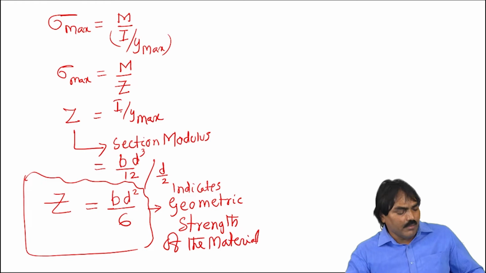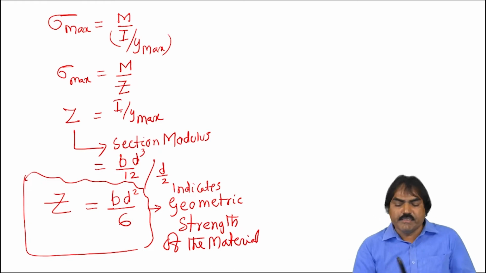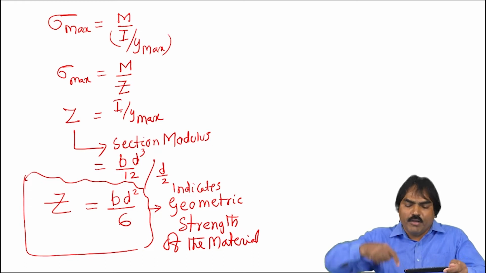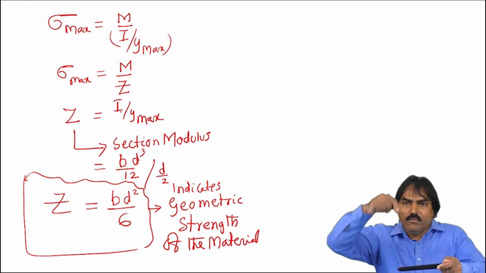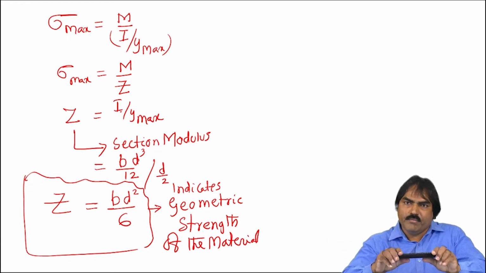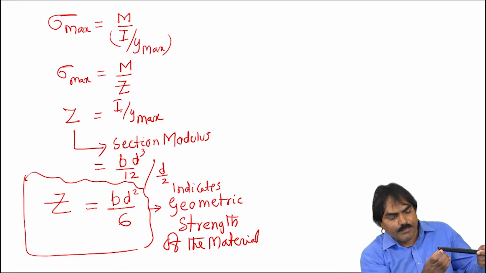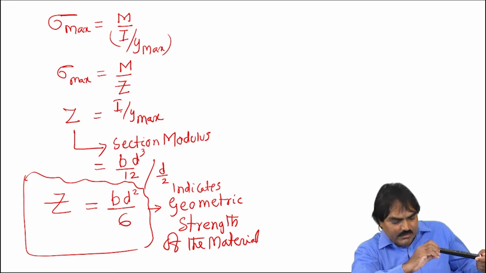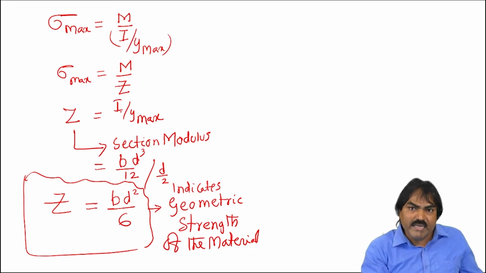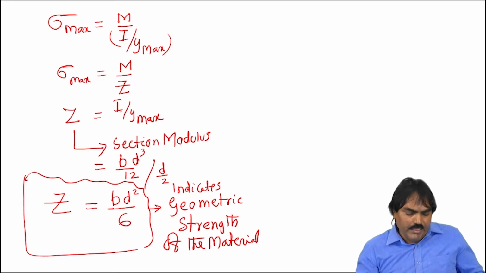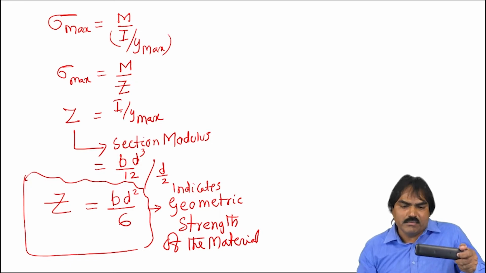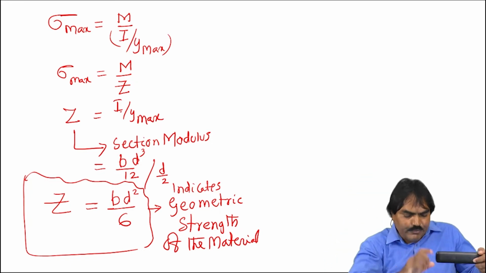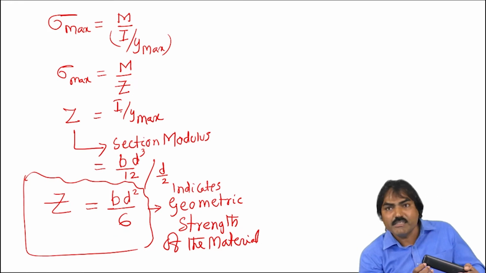See, for example, suppose this is the beam. When I hold it here and apply load like this, it will bend very easily. Why? Because here this is the B; B is more and D is less. That's why the section modulus will be less. But if I orient the beam in this direction and apply load like this, in the direction of the load the depth D is more and B is small.